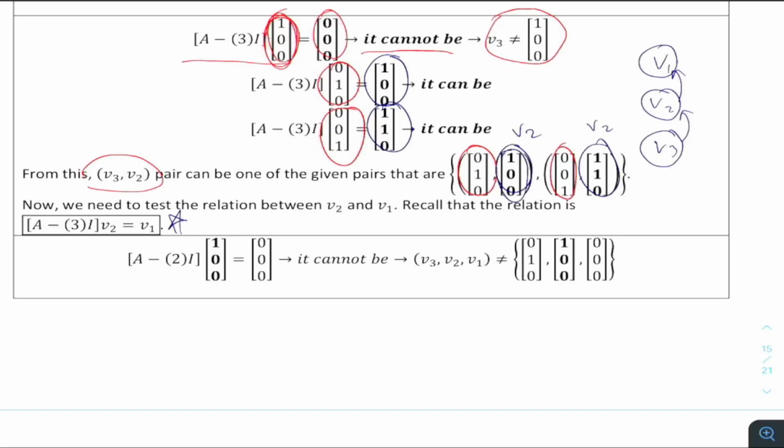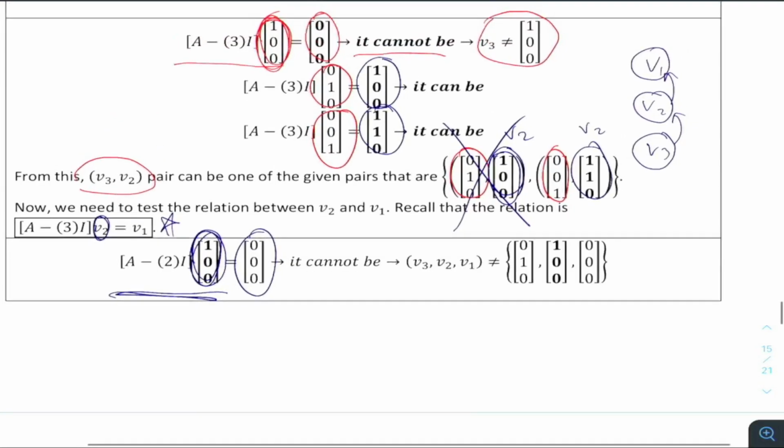First, this one right here, and we compute and we get 0, and that immediately allows us to rule out that possibility, meaning this cannot be the correct pair.